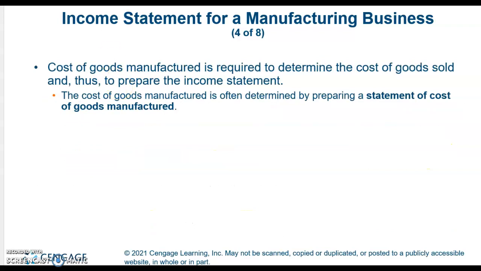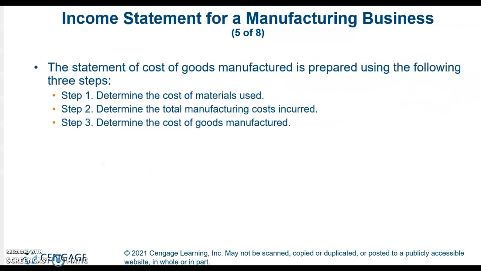So the income statement for a manufacturing business requires a calculation of how to figure out the cost of goods manufactured. This determines the cost of goods sold, and we need that number to prepare the income statement. That cost of goods sold number is calculated in this statement that is called the statement of the cost of goods manufactured.